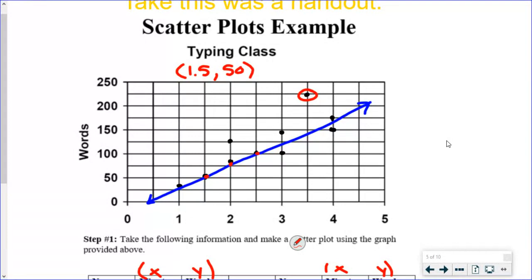So maybe I want to do this one here, which is 2.5, 100. But originally I said this one, and I could even do that one if I want, that would be 2.75. It doesn't really matter. It's kind of up to you. So if I want to do the other one, I could do 2.75.